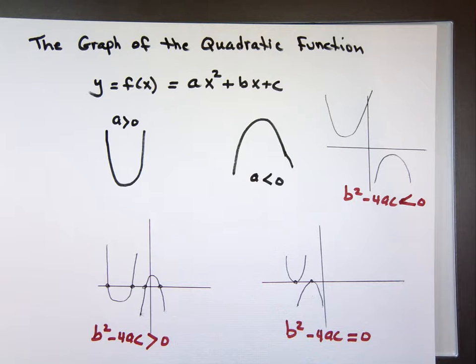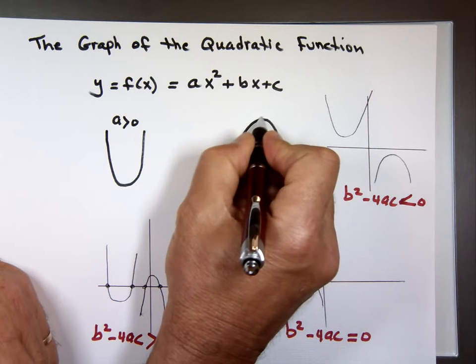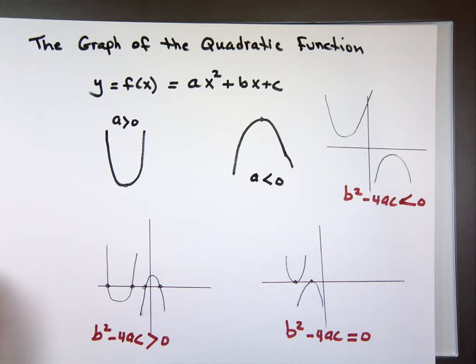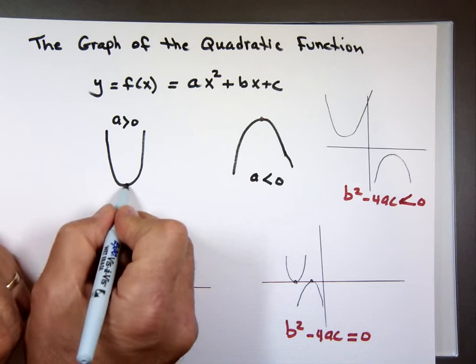But we can tell you what the graph looks like by a few points. We know it's a parabola. This point here has a name. Anyone recall what that name is? Vertex.